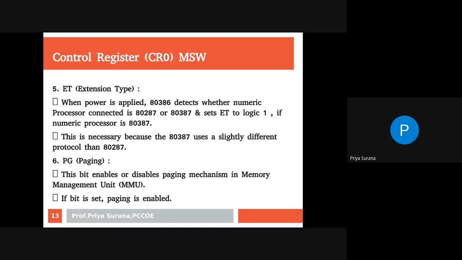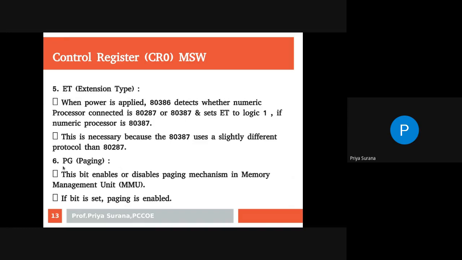If a coprocessor is present, it can be checked which one, 287 or 387, because both are compatible with the 386. If ET is 1, that means 387. This is necessary because the 387 uses a slightly different protocol than the 287. So if ET is 0, the 287 coprocessor is available. If ET is 1, it indicates a 387 coprocessor is present.